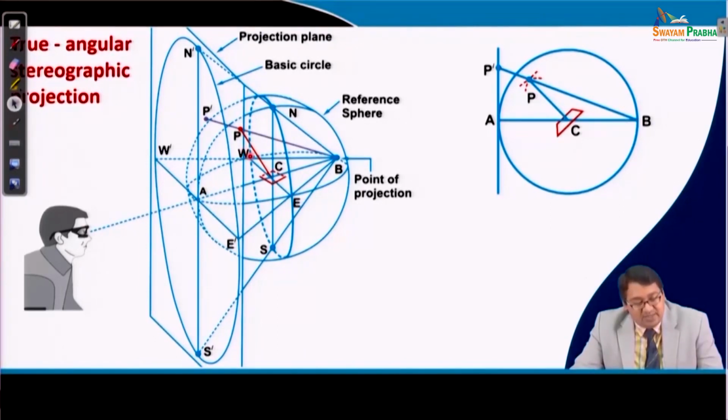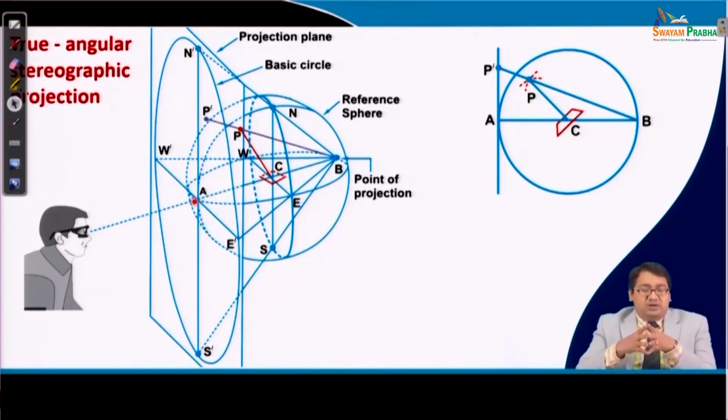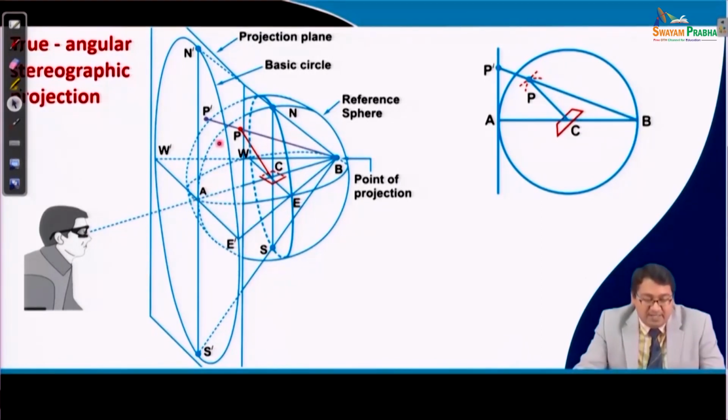So it projects W to W dash, E to E dash, and B and A at the same point here at A. So you see the projection plane is basically a tangential surface over the point A, which is an important point of a 3D stereogram.